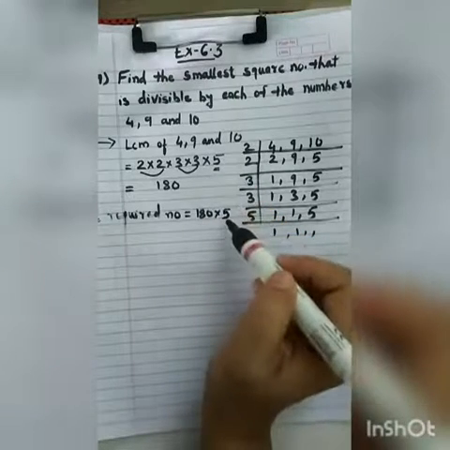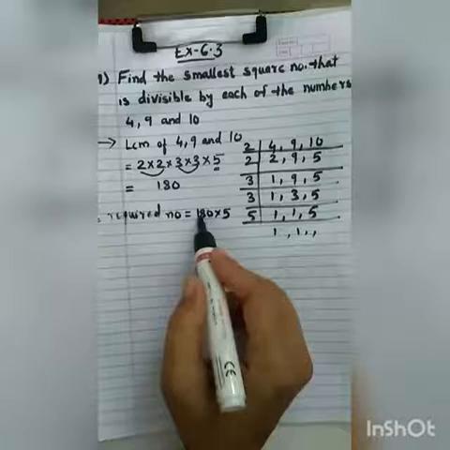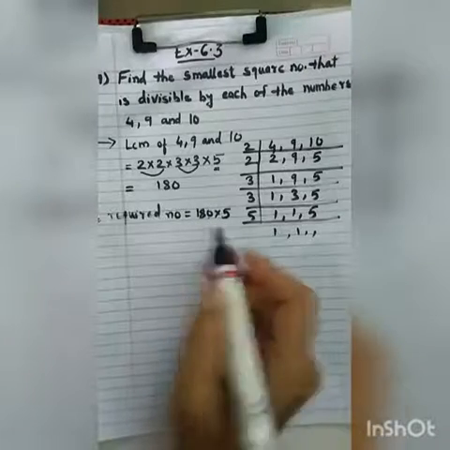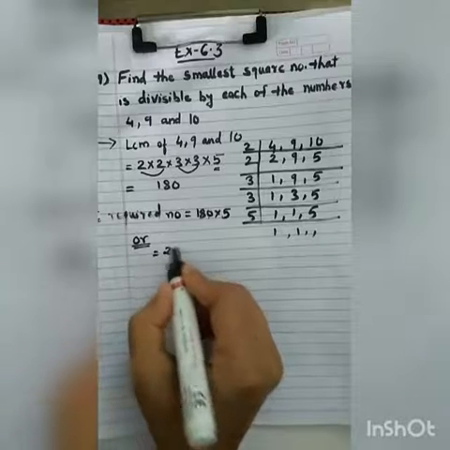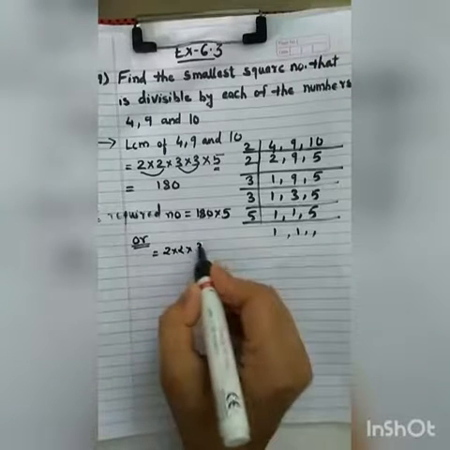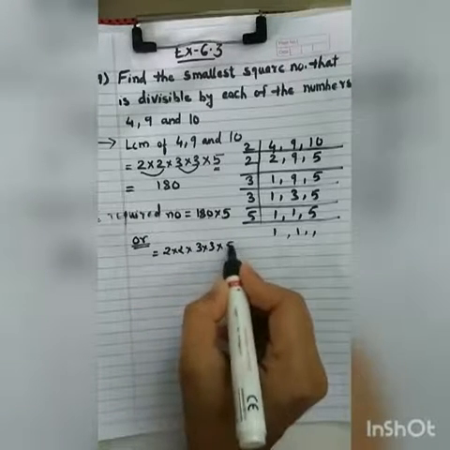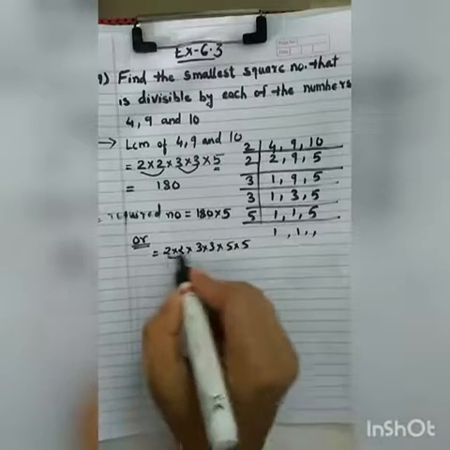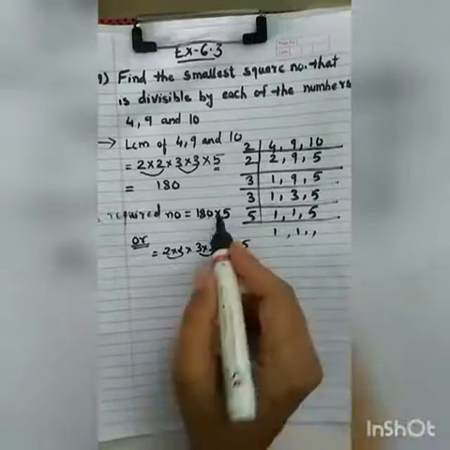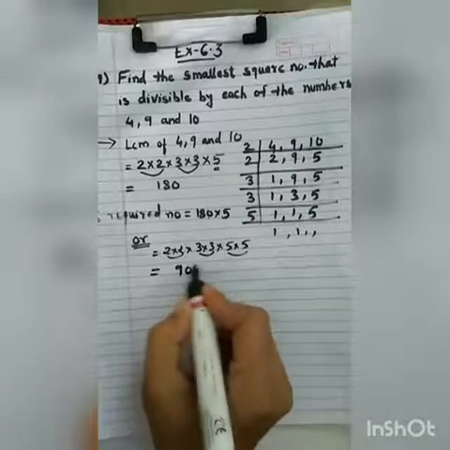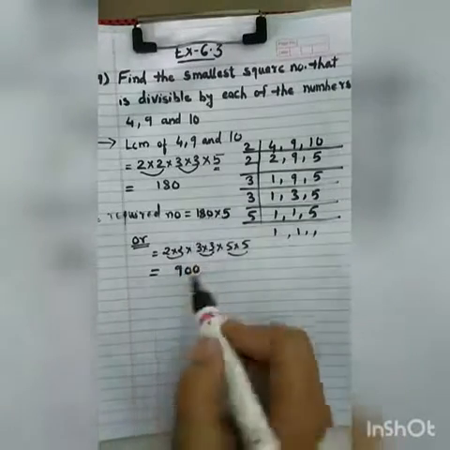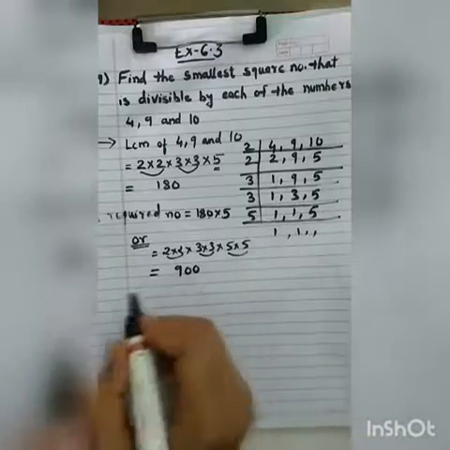You can also write 2 into 2, 3 into 3, and to make a pair of 5 we multiply by 5. Your answer will be 900. 180 multiplied by 5 equals 900.